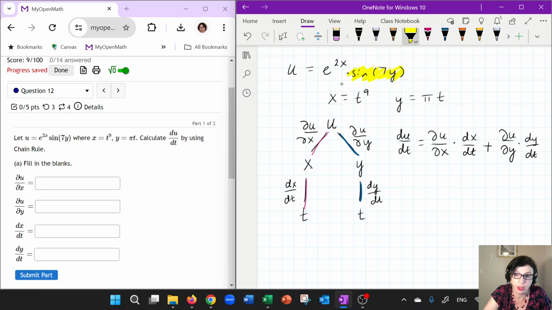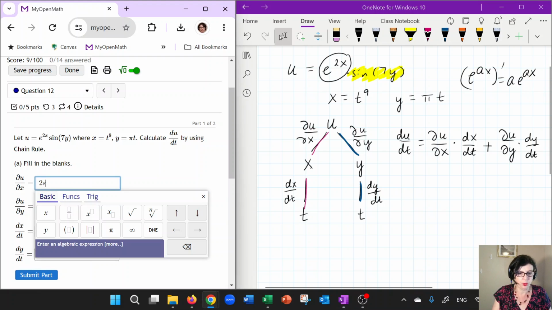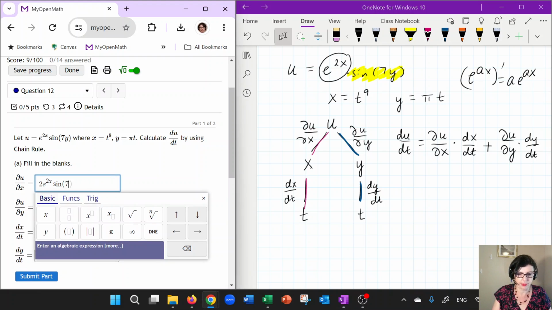We don't get rid of it. If it was added or subtracted, you would get rid of it, but because it's multiplied, you keep it. And you are just taking the derivative of the remaining term using the regular chain rule, which gives 2e to the 2x. Hopefully everybody knows that the derivative of e to the ax is a e to the ax. So this will be 2e to the 2x, and then the other one you keep. So this will be 2e to the 2x sine 7y.